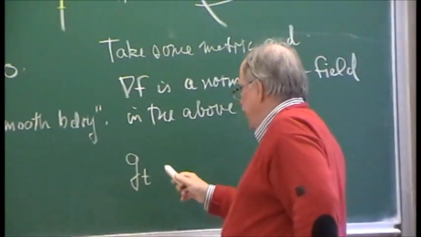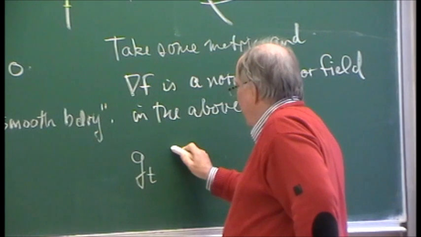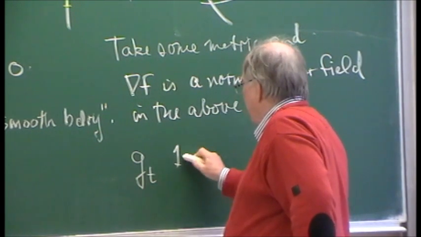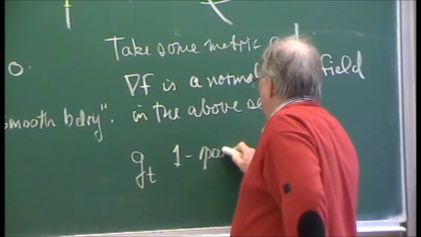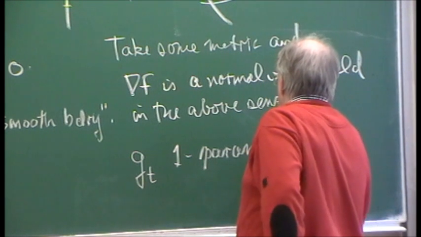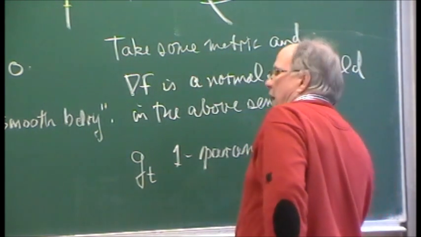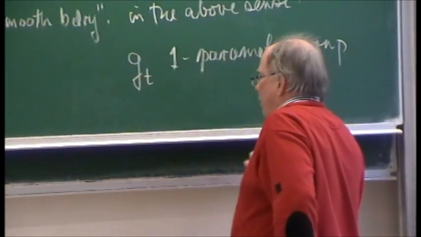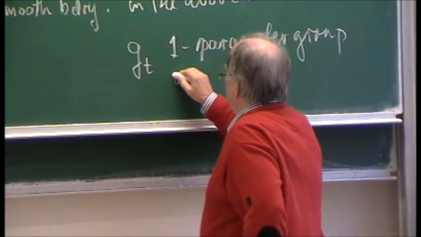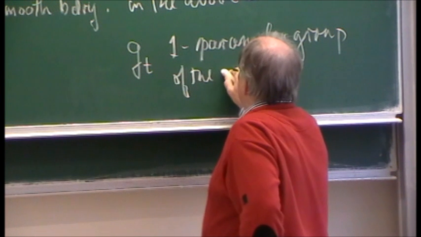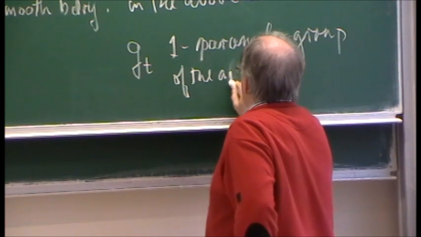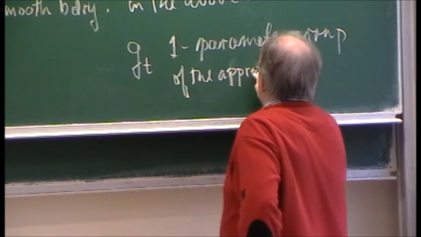If g_t is the associated one parameter group locally, of course, locally near this boundary of some appropriately normalized field, you have to normalize the lengths of these fields to get this to work.